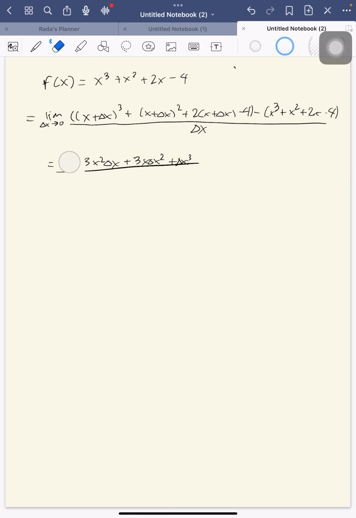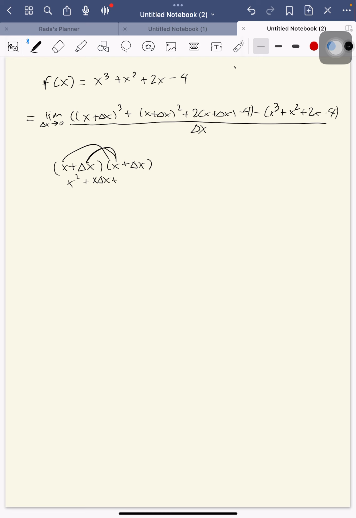So I will show you the process. First, we need to multiply x plus delta x with x plus delta x to find the square, which would be x times x is x squared.